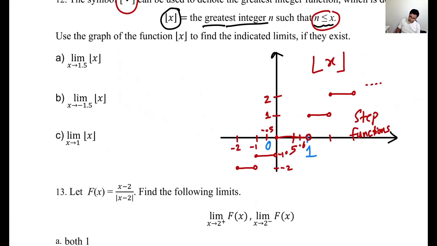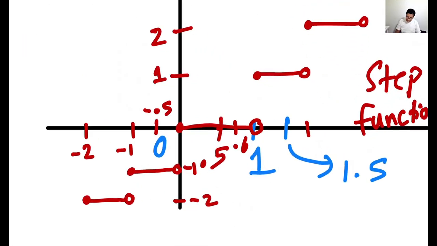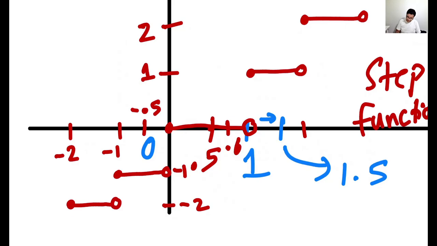Let us now apply that to these limits. As x approaches 1.5, now the limit becomes interesting. My bad, 1.5 is here. As you approach 1.5, either from the left or from the right, your output is 1. Understand that.